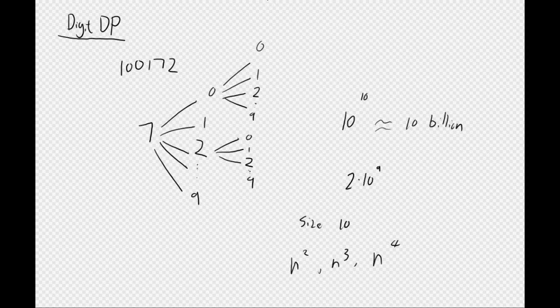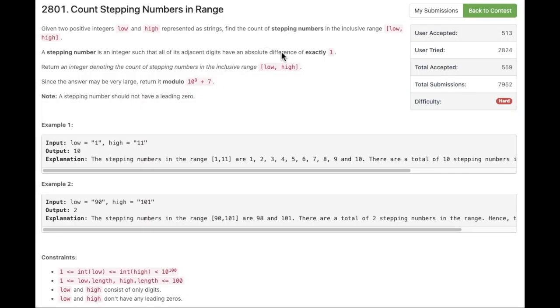Let's take a look at this example problem. We need to count the total numbers where every adjacent digit must have an absolute difference of exactly 1. So remember, previously we said we can recurse to 0, 1, all the way to 9, correct? But now we don't have to consider all of these.